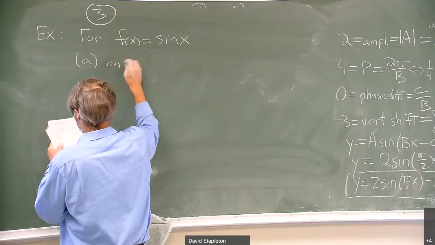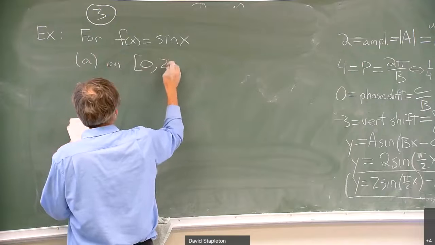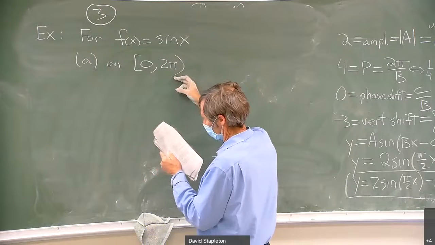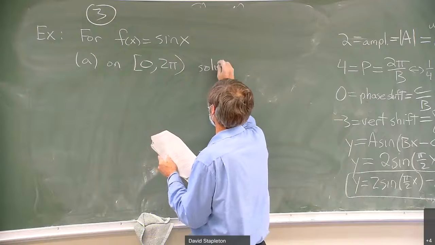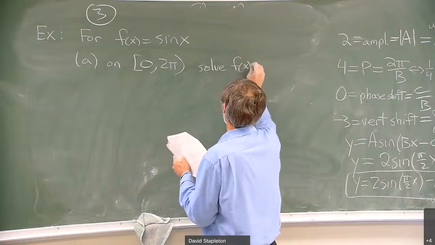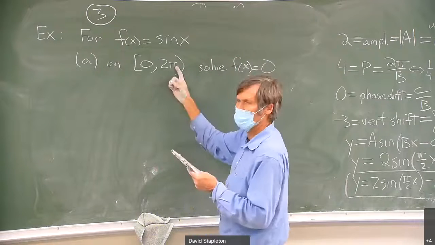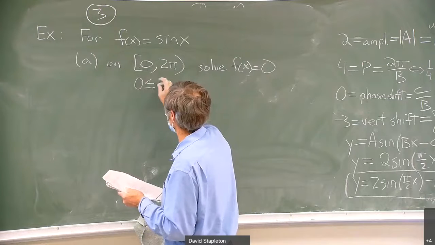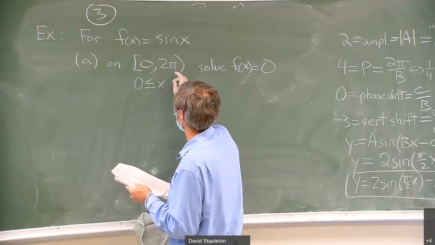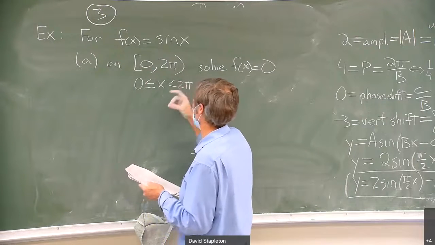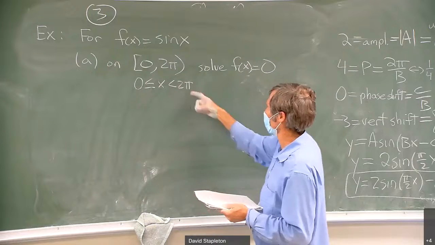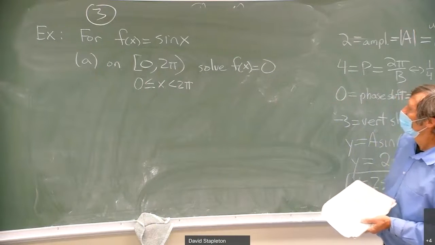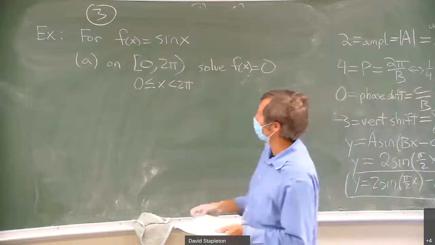A, on the interval 0 to 2 pi, square bracket here, round bracket here, solve f of x equals 0. And again, from algebra, you have to remember what this interval notation means. When the square bracket is there, it means include that point. When the round bracket is there, it means don't include it. So I mean, x greater than or equal to 0, but strictly less than 2 pi, not equal to 2 pi. How can I solve f of x equals 0?